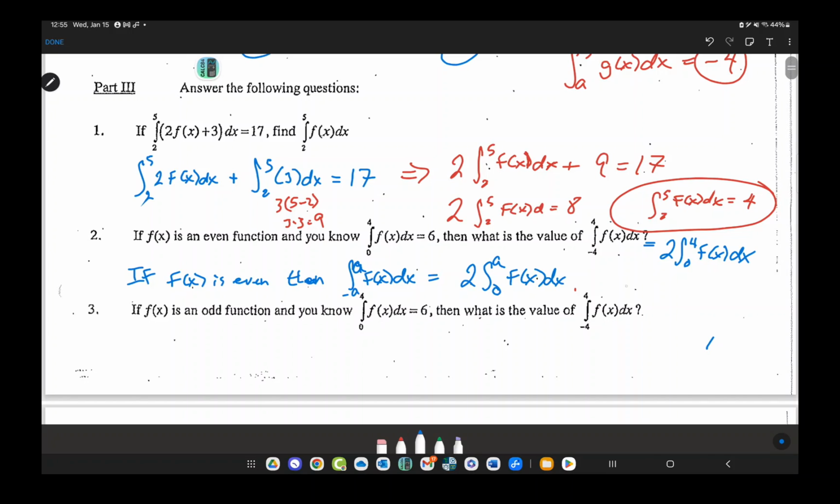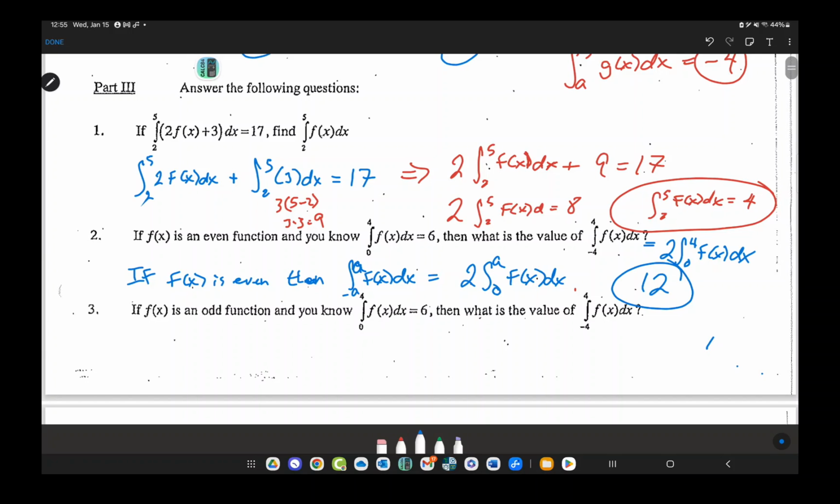Now, what is an odd function? What's the symmetry of an odd function? It has rotational symmetry around the origin. Now anything above the x-axis is positive, and anything below the x-axis is negative. So these would cancel out.